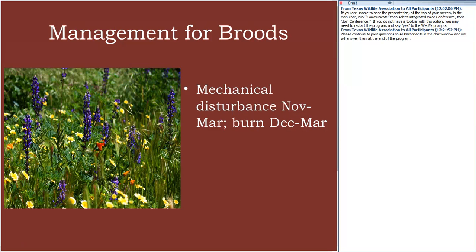You can also burn from December through to March. I want you to note also that the cutoff for these activities is going to be March, because at that point reproduction is starting to get going. So once that process begins, you really don't want to do any kind of intensive management that's going to interfere with that. You want to let those activities take place.